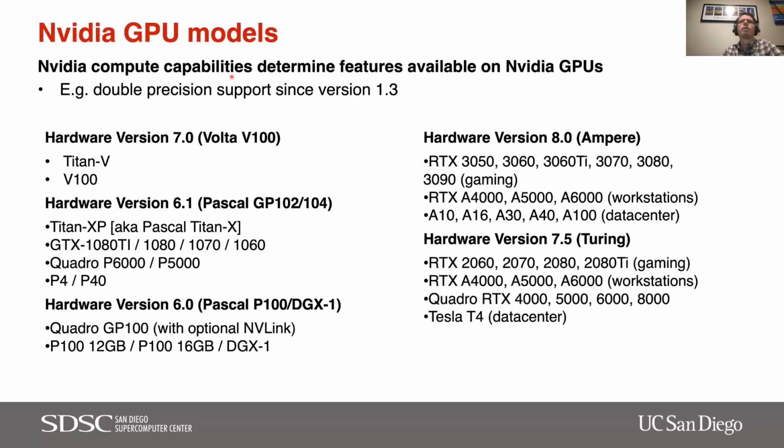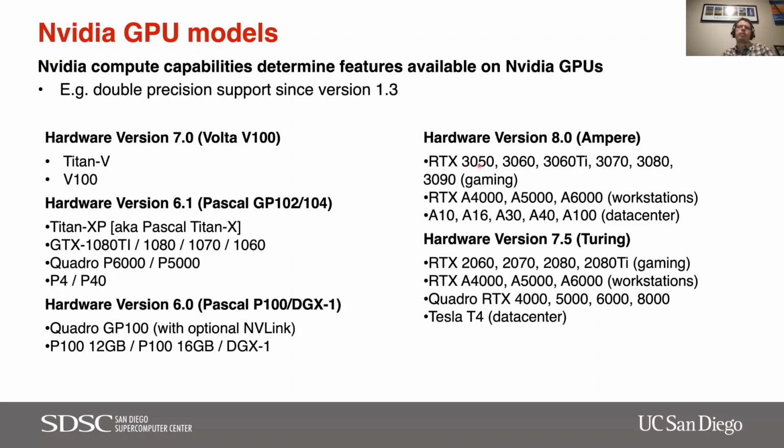There's something called compute capability that you can look at, and that basically is based on the hardware version. So from Pascal to Volta, Ampere, then there was Turing, and then there's the Hopper architecture now.